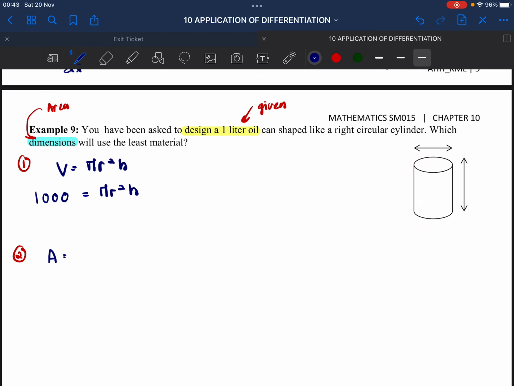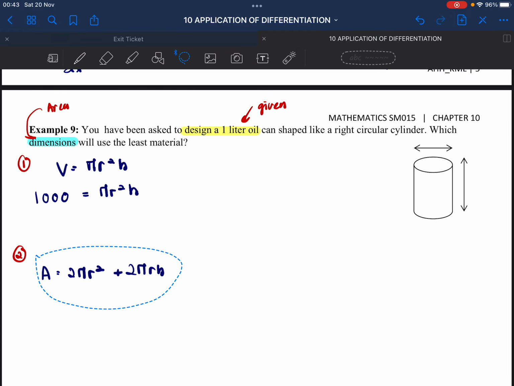We know that 2 circles is 2 pi r square, plus this whole thing here is 2 pi r h. So that is the formula for your cylinder. We know that the question said the least material, that means minimum. Your area must be minimum lah, area minimum.